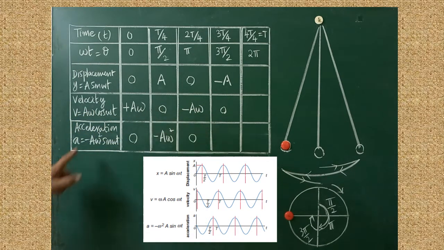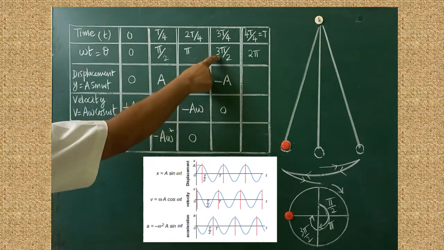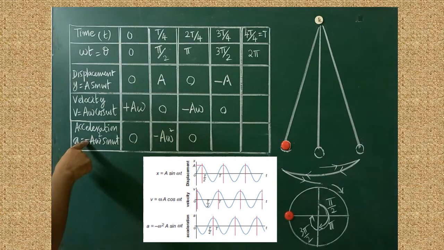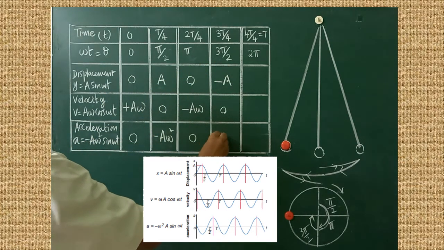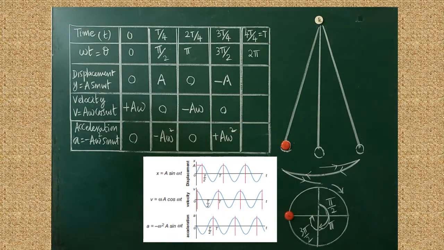Now we will calculate the acceleration. Sin 270 must be substituted. Sin 270 value is minus 1, and already one minus is there, therefore it becomes plus a omega square. What does this a omega square indicate?